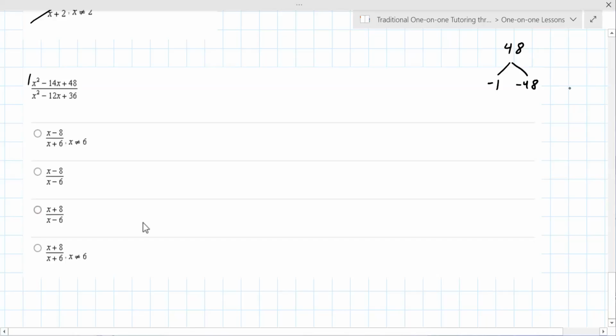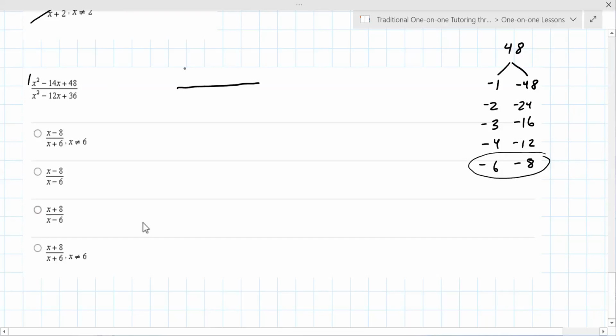They add up to -49. So how about -2, -24? Nope. -3, -16, -4, -12, -6, -8. Now I stop. The reason you stop is because you're about to wrap around on your list. So hopefully you see that these last two add up to -14. Do you see that?